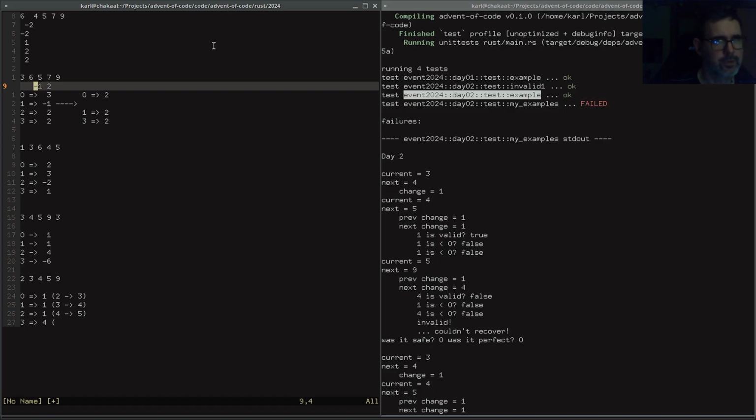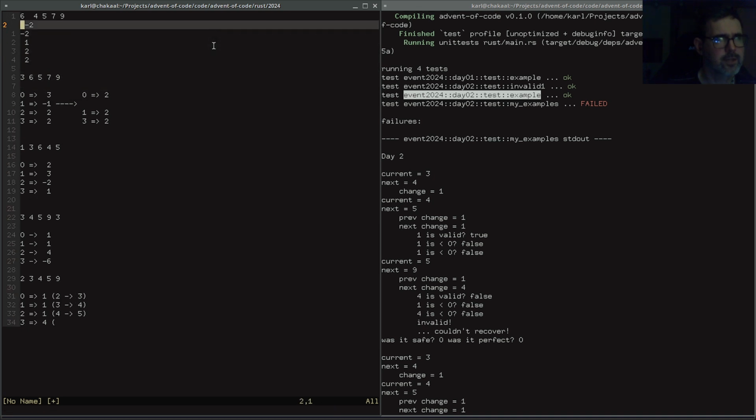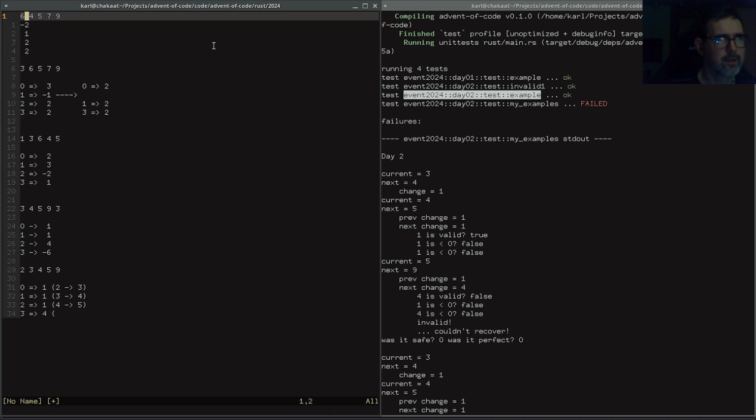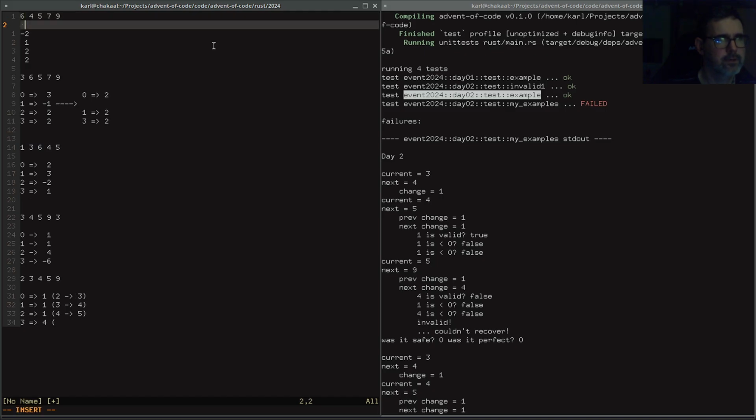But then I got to a point where that logic kind of broke down. Because actually it was right here, right? So this transition is -2. That's actually a valid transition. But this transition is 1.